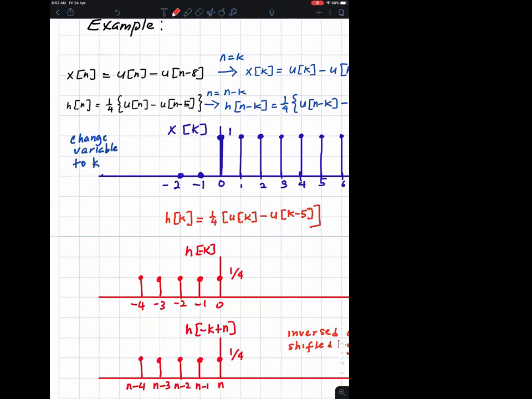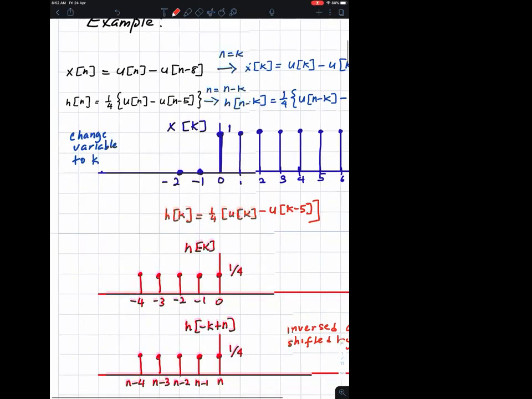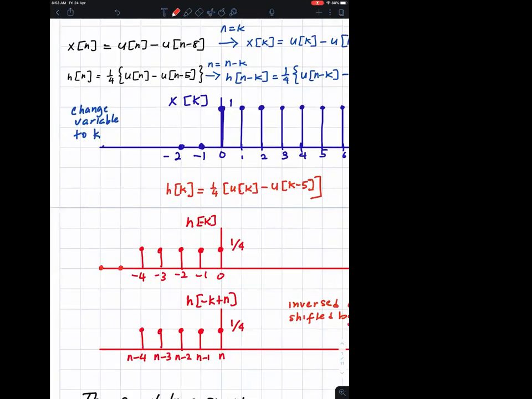So if you invert this signal, this signal h of k is just a signal that's going from 0, 0, 1, 2, 3, 4. u of k minus 5 is starting from 5, right, sir? Yeah, 5.